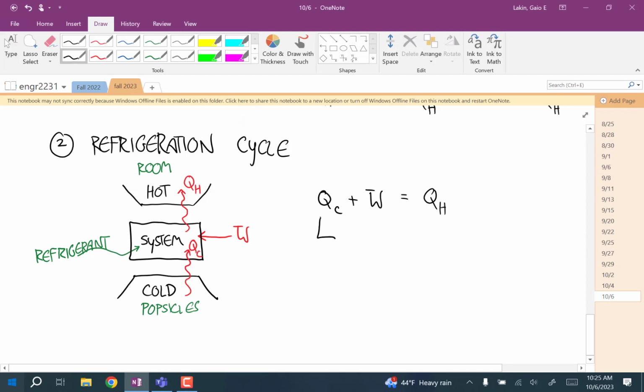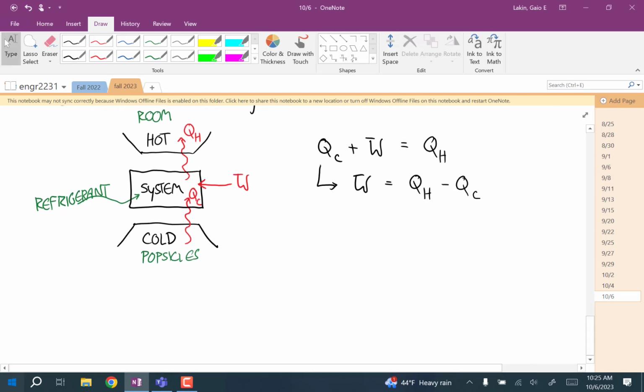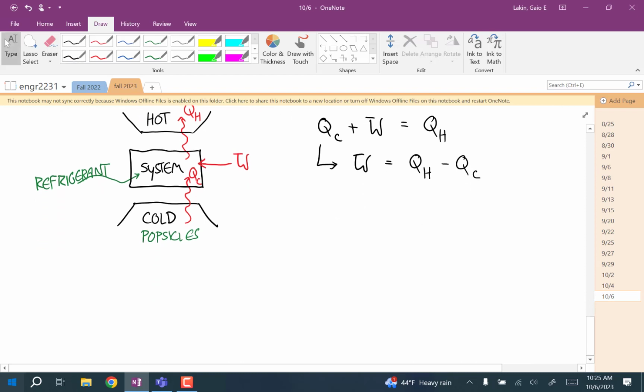And so again, you can express the work in terms of these other two. The reason to do that isn't apparent yet, but it will be soon. And using that, you can express the coefficient of performance.